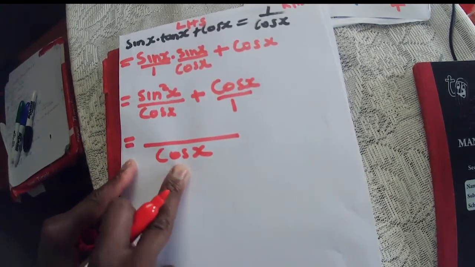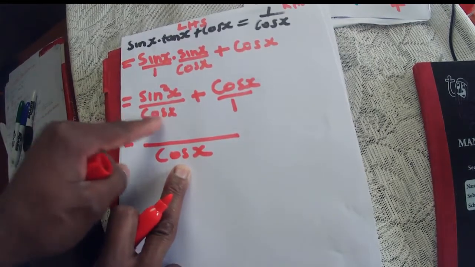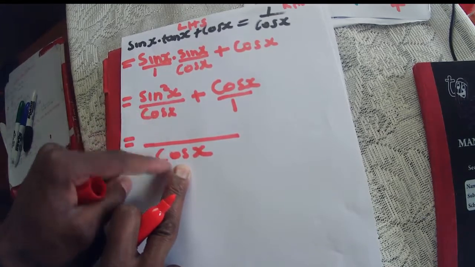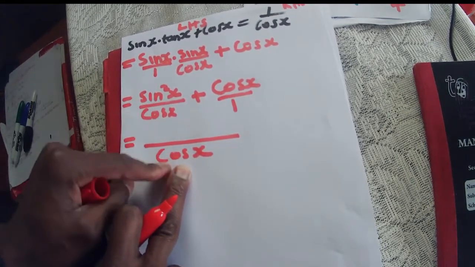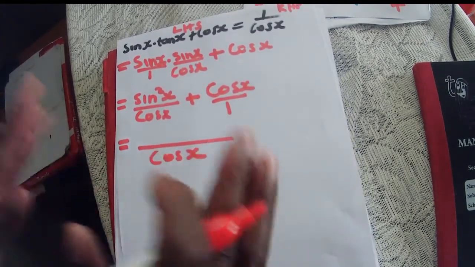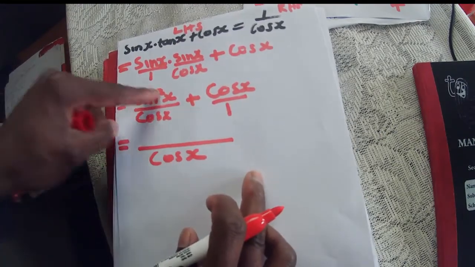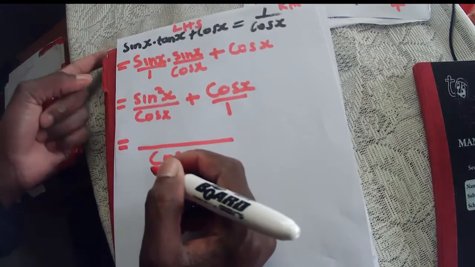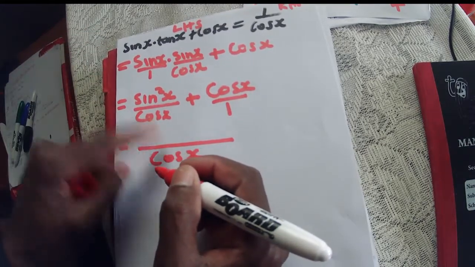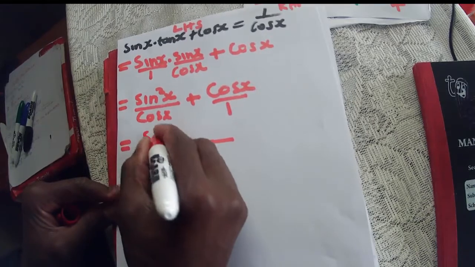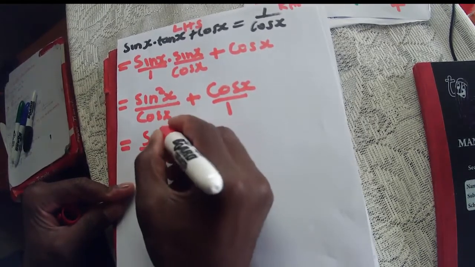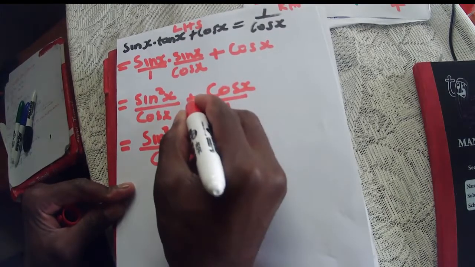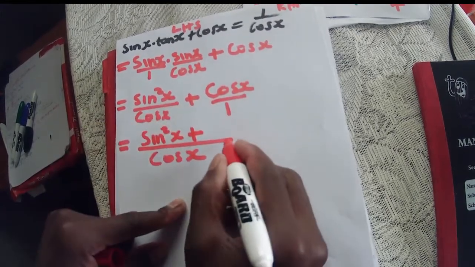I'm going to take this new denominator, divide it by this old denominator. So since these two trig ratios are the same, when you divide them you receive a 1. So you take the 1, you multiply by the numerator. So sine squared x times 1, the 1 comes from dividing these two, so the 1 does not have effect on the sine squared x. So plus, this plus is the plus in the middle of the fractions.